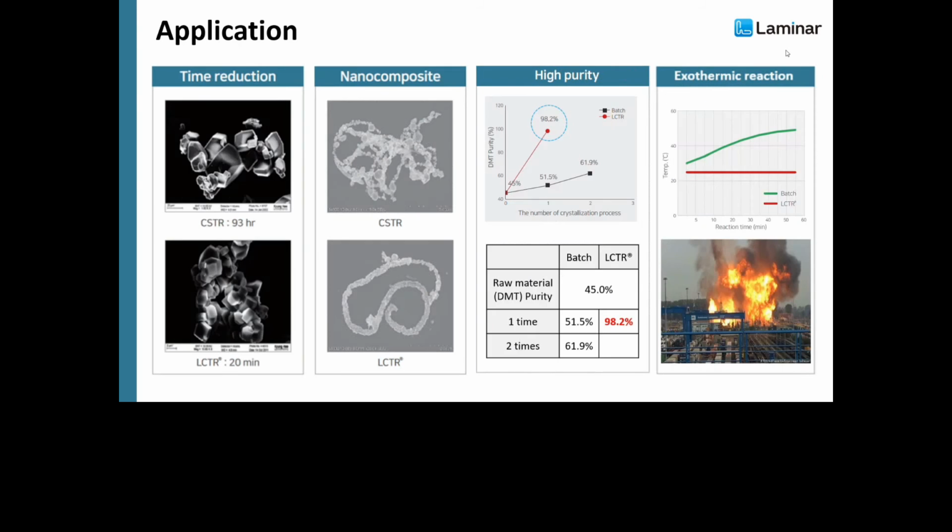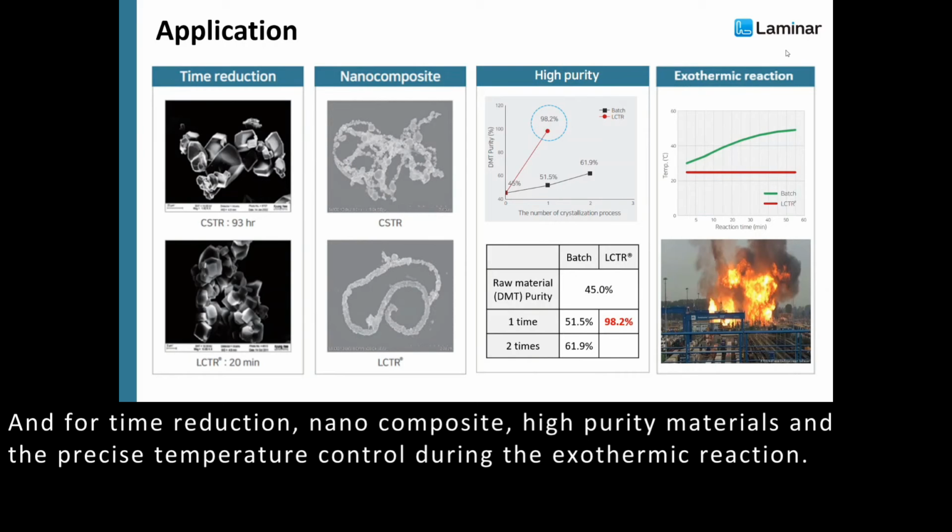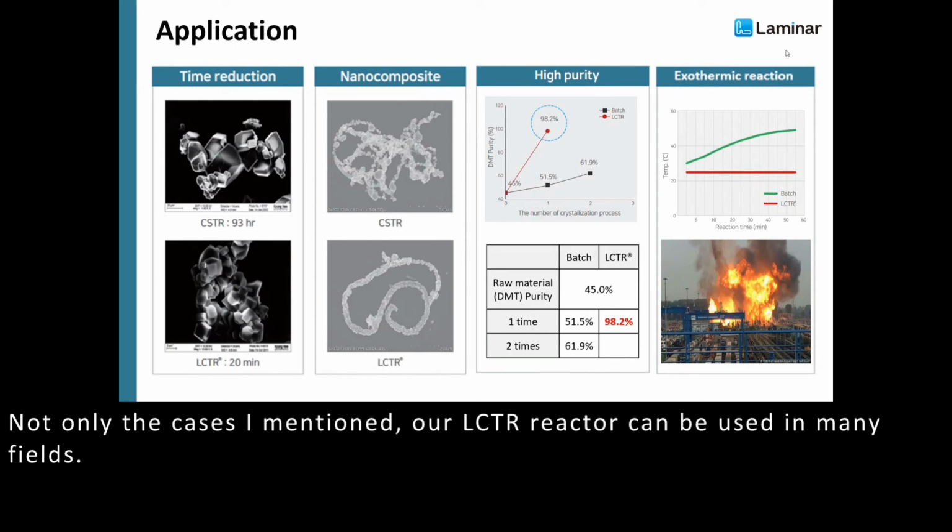And for the time reduction, nano composite, high purity materials, and the precise temperature control during the exothermic reaction. Not only the cases I mentioned, our LCTR reactor can be used in many fields.